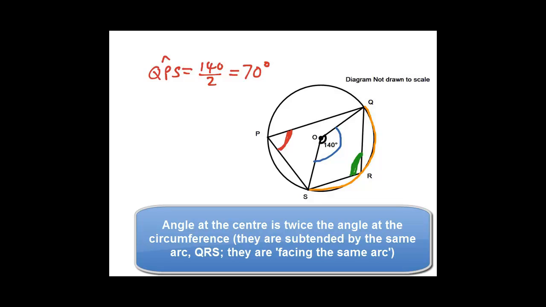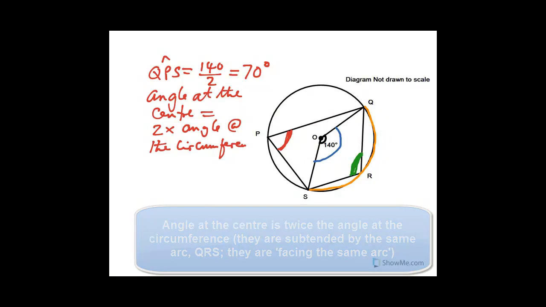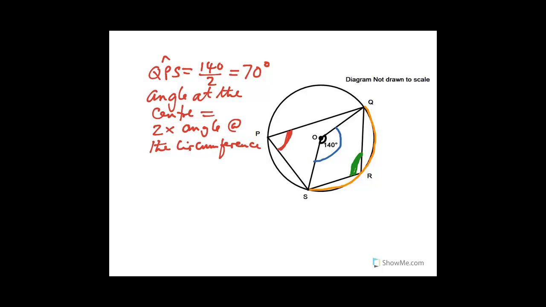And the reason is that the angle at the center is twice the angle at the circumference. Okay? That means we can put in here 70 degrees.